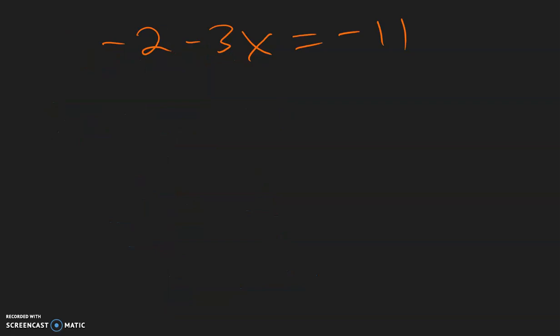And for this example, we want to have all the x's on the left side, and the only thing that we have with an x is this negative 3x here, so I'm going to copy this down, negative 3x. On the right side, we want just the numbers, the constants. So this negative 2 needs to move over. Negative becomes a positive 2.